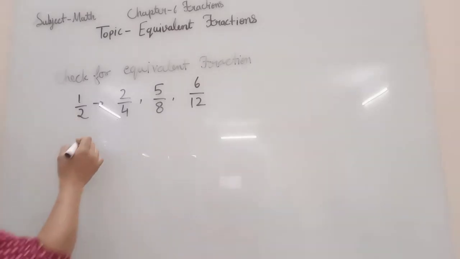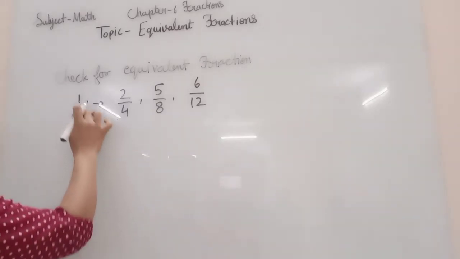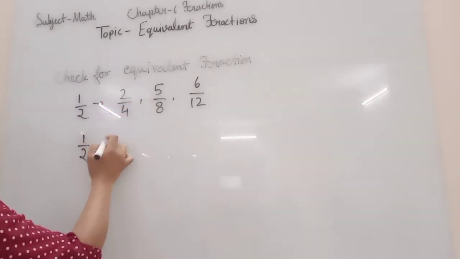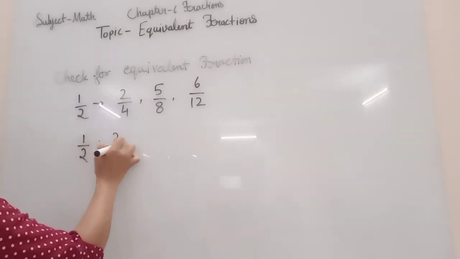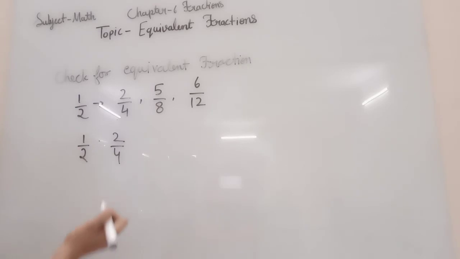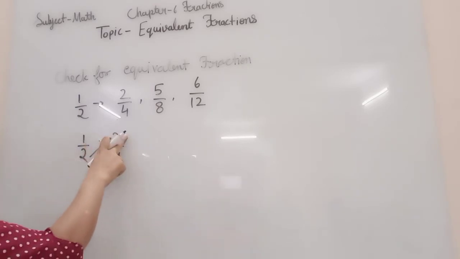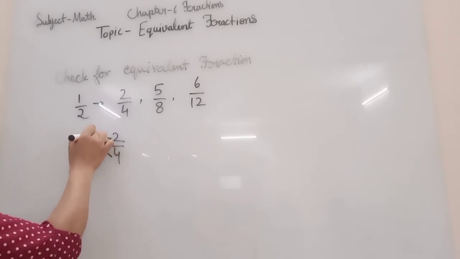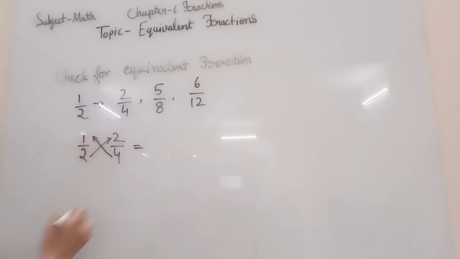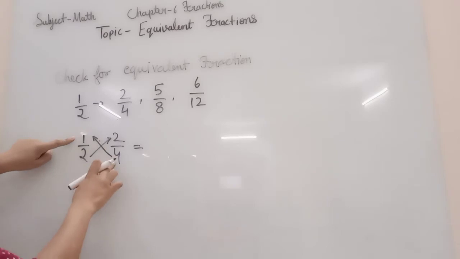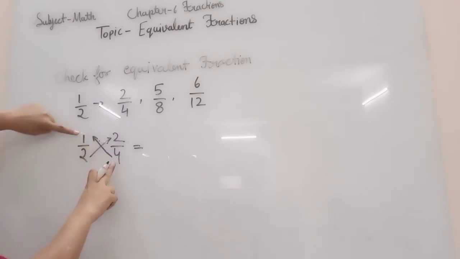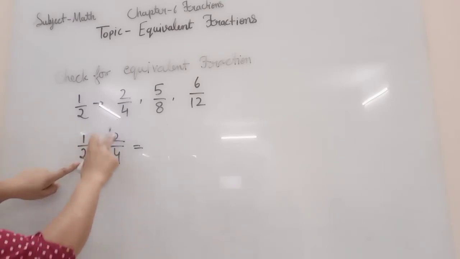So what will we do? If I am checking whether 1 by 2 and 2 by 4 are equivalent or not, we will do cross multiplication. We will multiply 2 with 2 and 1 with 4. Cross multiplication means 1 multiplied by 4 and 2 multiplied by 2.